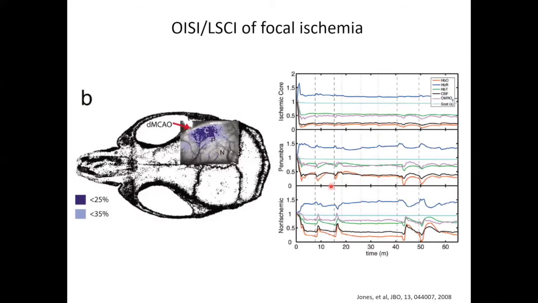Here's a demonstration of this very simple technology to reveal a very powerful and insightful observation about stroke pathology. Just using that simple instrumentation and illuminating this thin skull prep over time after what's called a middle cerebral artery occlusion, inducing a focal ischemia, you can track the CMRO2 as it varies with time during the course of this induced stroke.